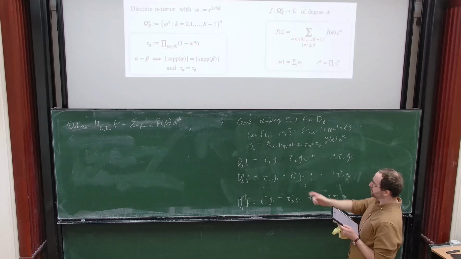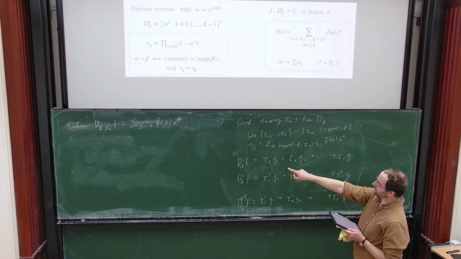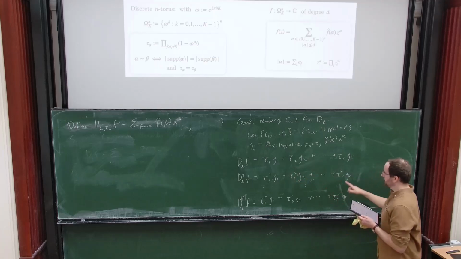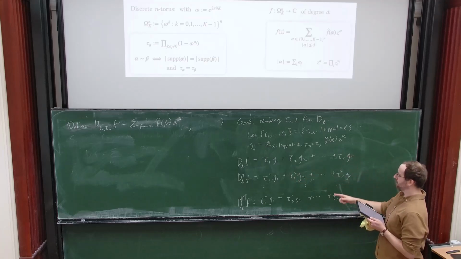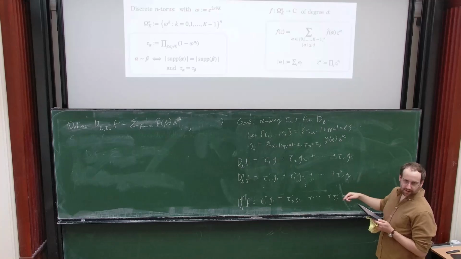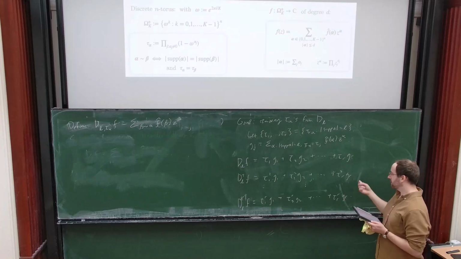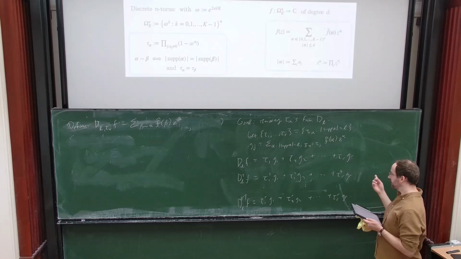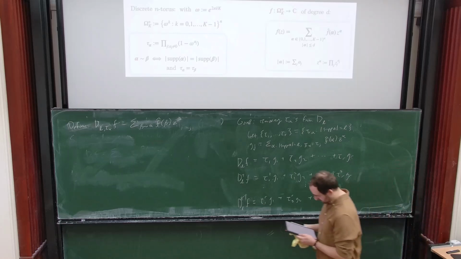So the point is each one of these projectors here, as we just argued, is equal to a polynomial of these projections here. And you can check the polynomial is nice. So all the coefficients are bounded, everything is good. We have the theorem we had hoped for.